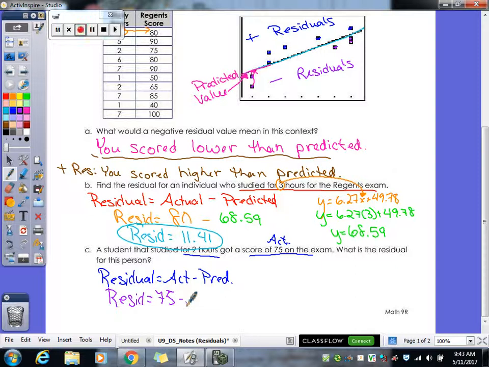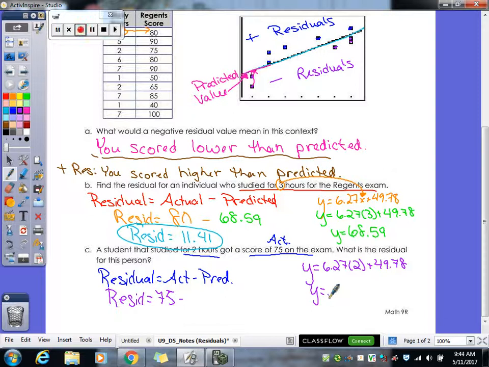What do we have to do to find our predicted? Got to plug it into our line of best fit, plug in our 2 hours studied. People get confused sometimes with their actual minus their predicted.